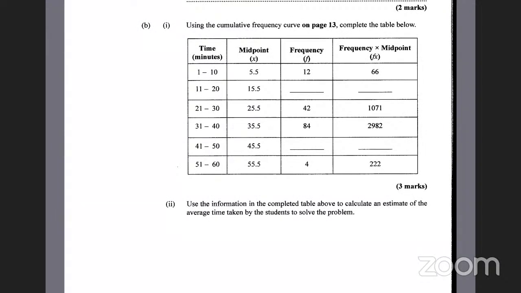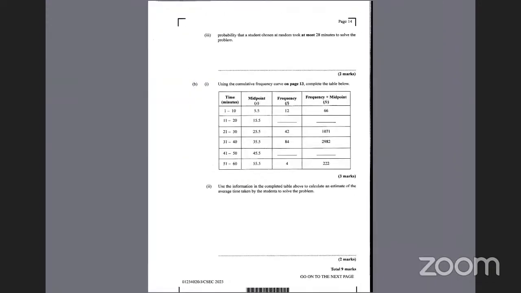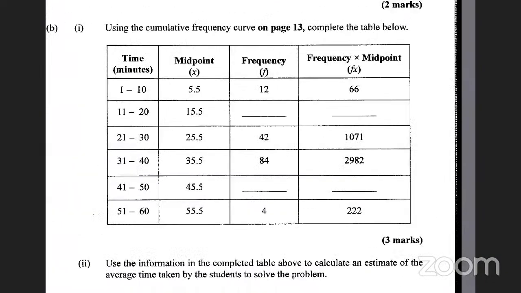Let's check out this here. Using the cumulative frequency curve on page 33, I want you to finish off this. So this is real nice, don't have me flipping between these things. So 11 to 20.